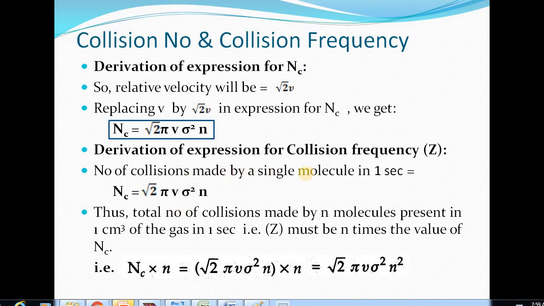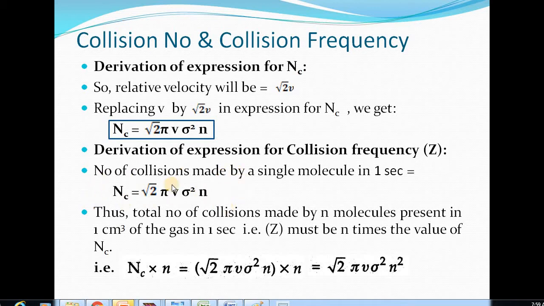Now we very well know the number of molecules present per centimeter cube are n molecules, and the number of collisions made by a single molecule in 1 second is Nc. So the total number of collisions made by n molecules in 1 second will be n times Nc.